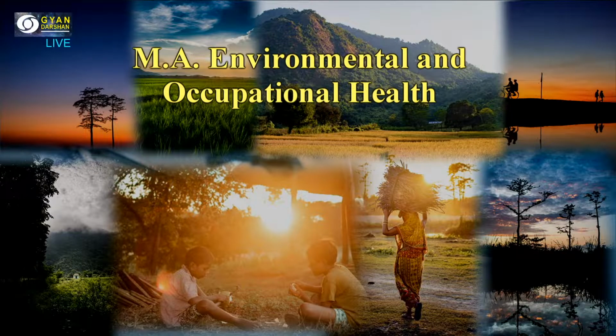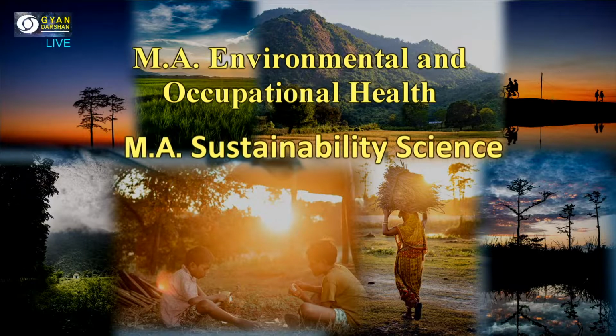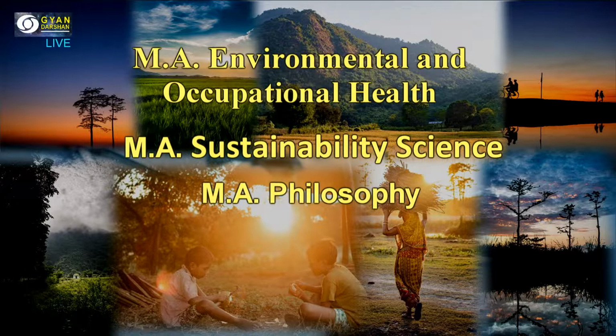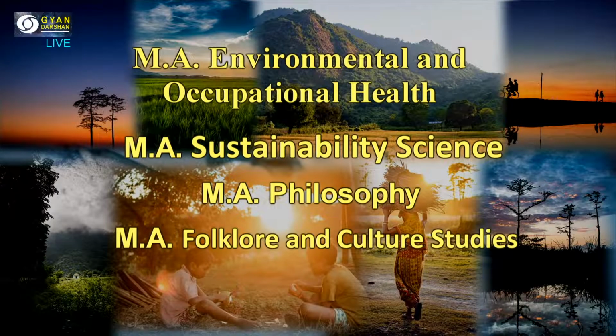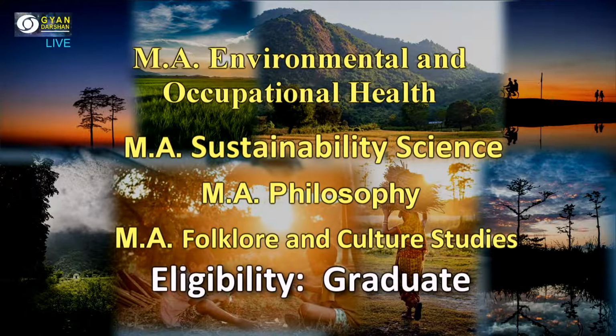The school also offers Masters in Environment and Occupational Health, Masters in Sustainability Science, Masters in Philosophy and Masters in Folklore and Culture Studies. The eligibility criteria for these 4 Masters programs is graduate in any discipline.